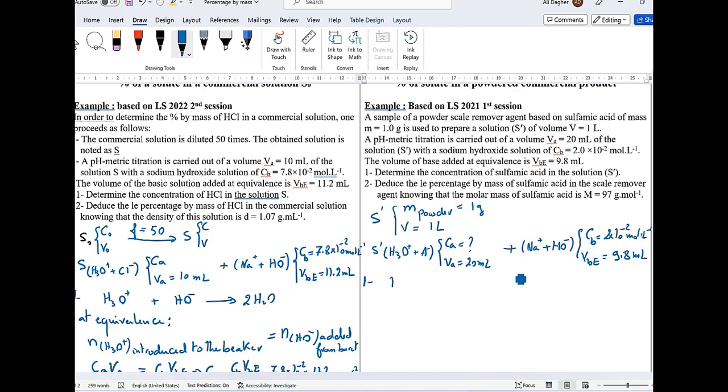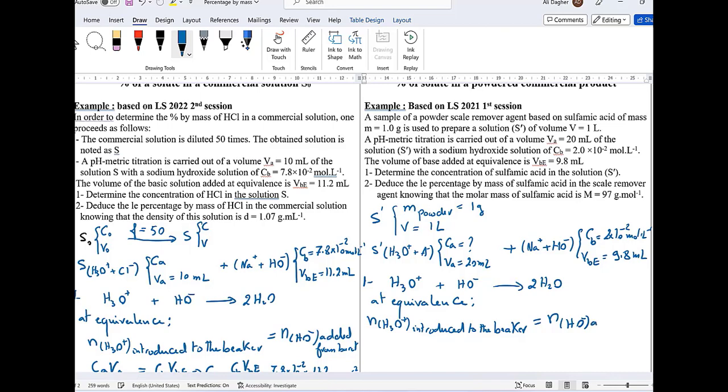Then the titration reaction is H3O plus HO minus give 2H2O. At equivalence, number of mole of H3O plus introduced to beaker equal to the number of mole of HO minus added from the burette.